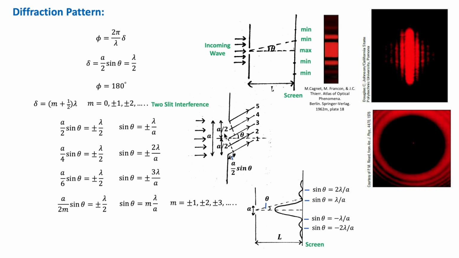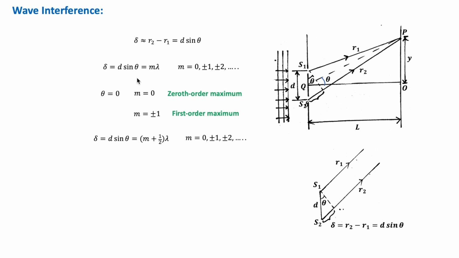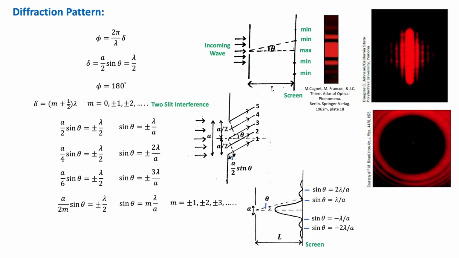To understand why, let's go back to the equation of constructive interference for two sources. You can see that the condition for the first maxima is d sine theta equal to lambda. So in the case of the diffraction pattern, for a ray at the bottom of the slit and a ray at the top, if we consider them as two sources, the condition for constructive interference is a sine theta equal to lambda.